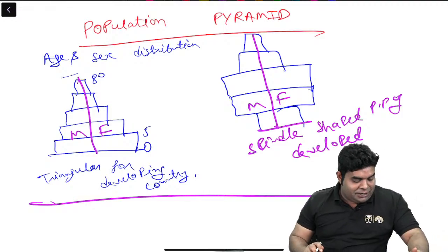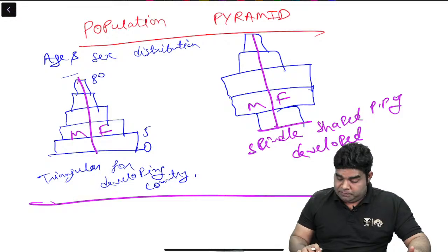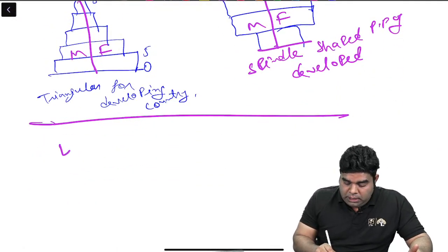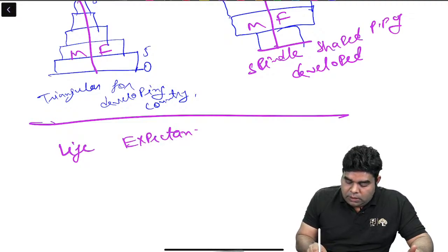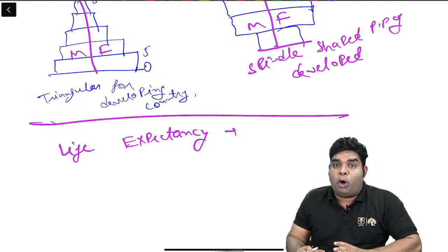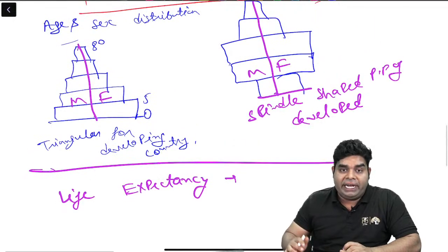Dr. Sandeep has a question: how to compare the life expectancy of two countries. See, this life expectancy can be compared by the population pyramid of that country. It usually starts from 0 to 80.